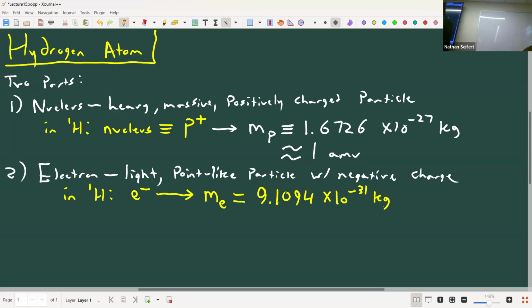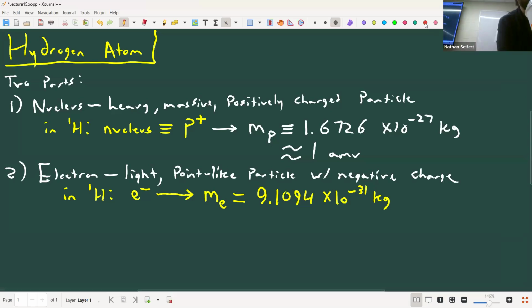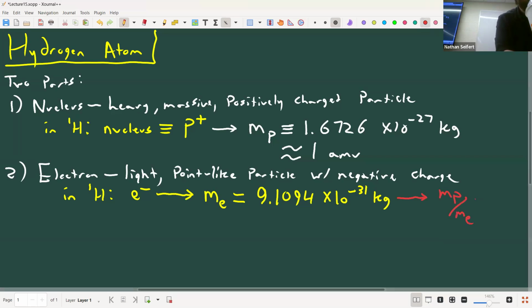If this is roughly 10 to the minus 27 and this is roughly 10 to the minus 30, the mass difference is about a factor of 1,000. I think that's an important thing to realize: the proton is significantly heavier than the electron by a factor of 1,000. That's going to play a big role in our analysis of this problem.